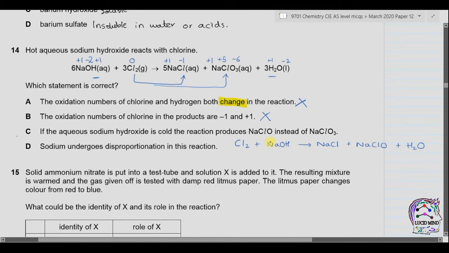So C is correct. D. Sodium undergoes disproportionation in this reaction. Disproportionation basically means self-oxidation reduction. So in this reaction, chlorine is getting oxidized and reduced. So it is not sodium, it is chlorine.